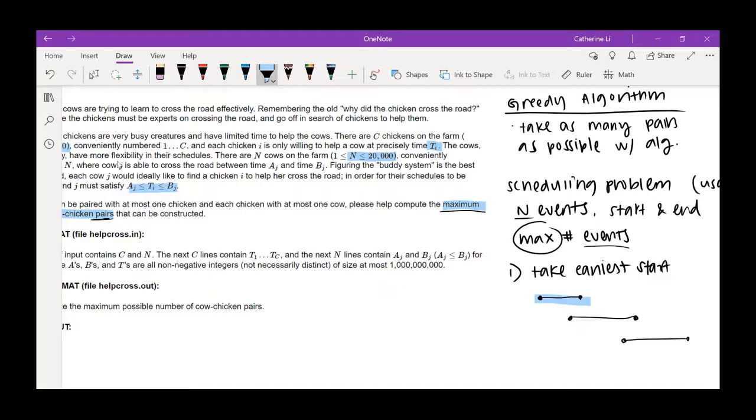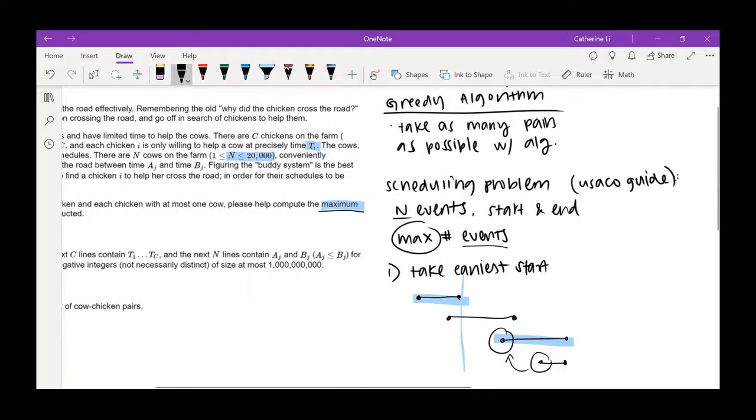Now it ends right here, which means that the next event that we can go to, because this one is out of the question since it's already started, and the one that starts the earliest is this one. So if there was something like this here, we would take this event instead of this one because this starts earlier.